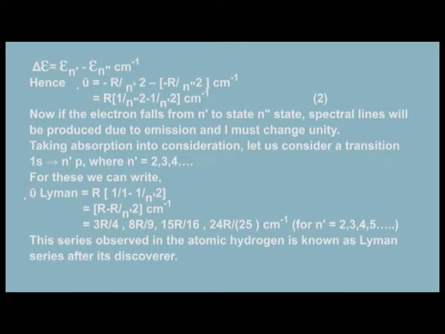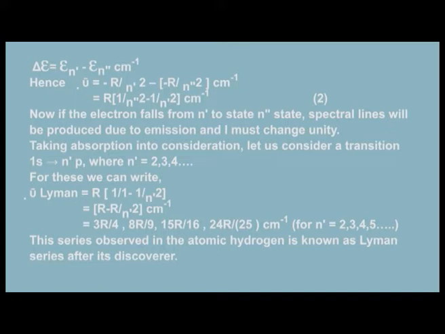Putting in the wave number, nu bar is equal to minus R by n prime square, minus, second bracket, minus R by n double prime square, centimeter inverse. So, we can write R into 1 by n double prime square minus 1 by n prime square, centimeter inverse.